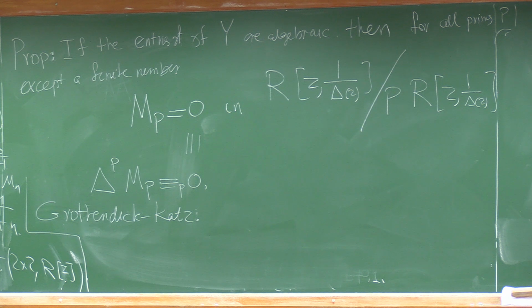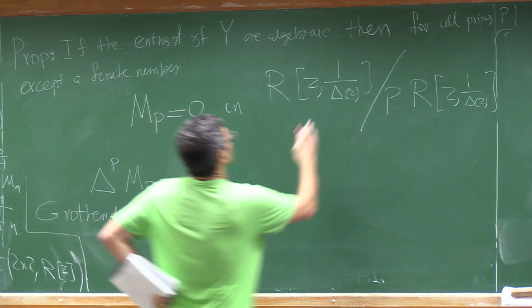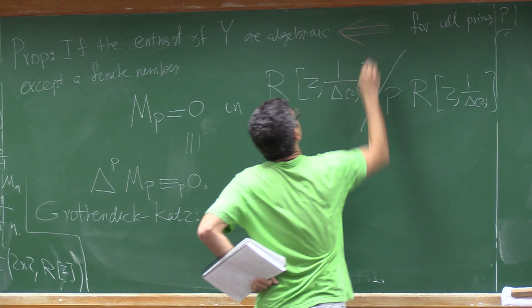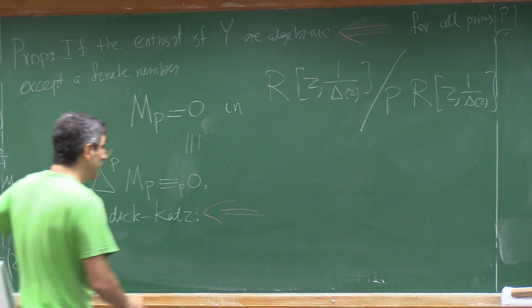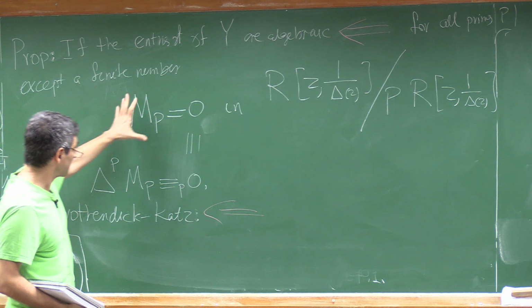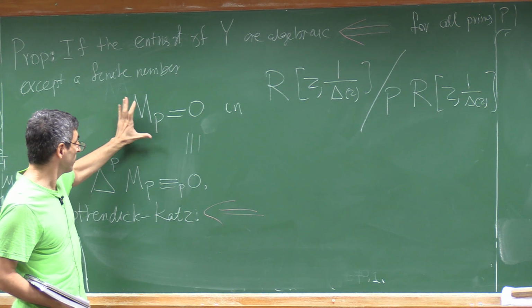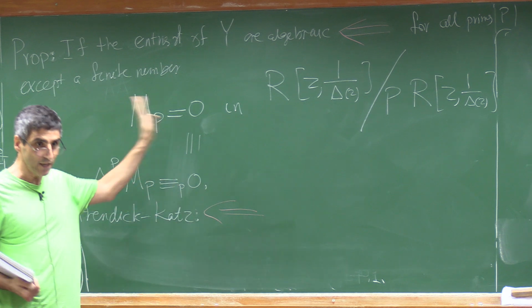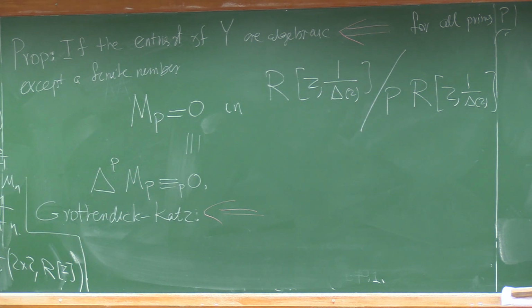So the conjecture is the other way around. If you have a differential equation, for almost all primes, except a finite number, if this is zero modulo p, then the solution must be algebraic. As I said, I am still learning about this conjecture. Even though 15 years ago I wrote a few things with my colleague Stefan Reiter trying to understand it, as a systematic effort I started something like 6 months ago.